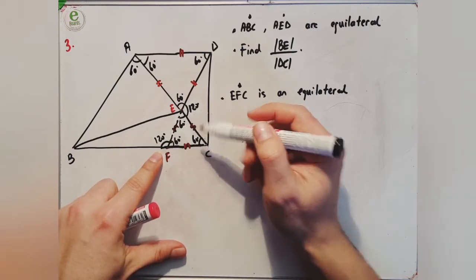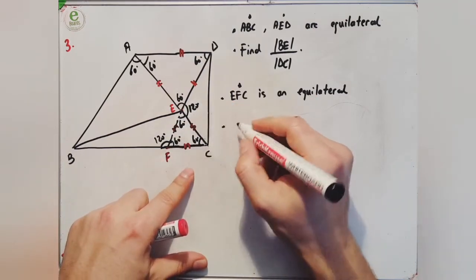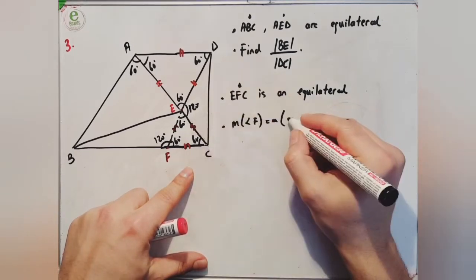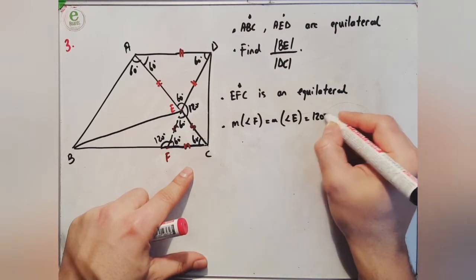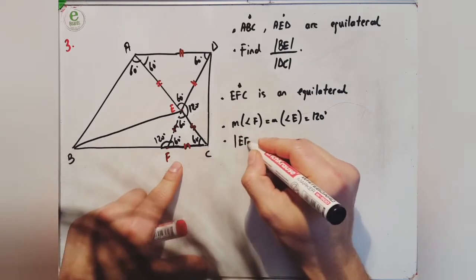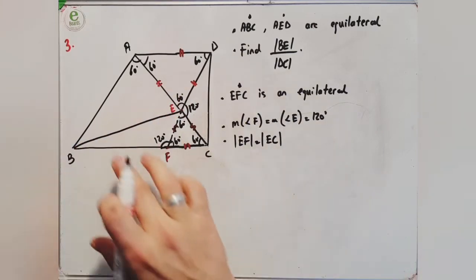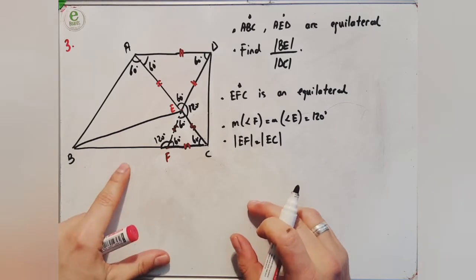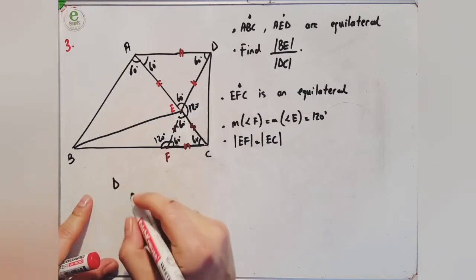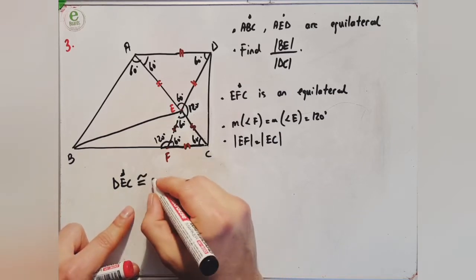There are two sides, EC and FE, that are equal, so we can write first that the measure of angle F is equal to the measure of angle E, which means 120, and side EF is equal to side EC, and so we have two congruent triangles. So by the congruence postulate we get that triangle DEC is congruent to triangle BFE.